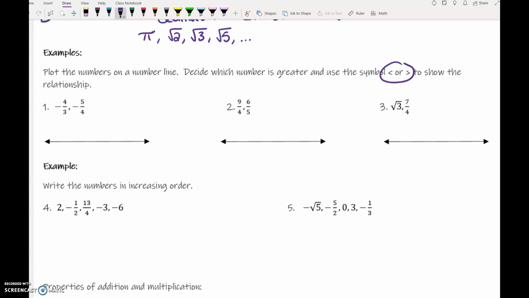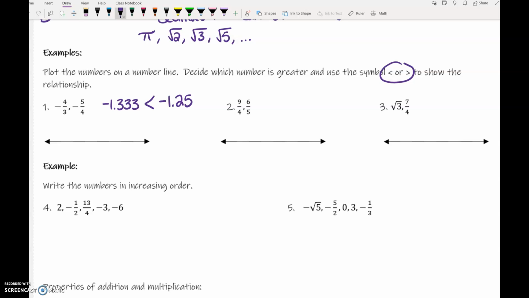Okay, -4/3, I believe, is the fraction -1.3 repeated. -5/4 is -1.25. Which one's bigger? The -1.25. With negatives, it's always a little bit tough, even for me, because I'm like, 1.33 is bigger.